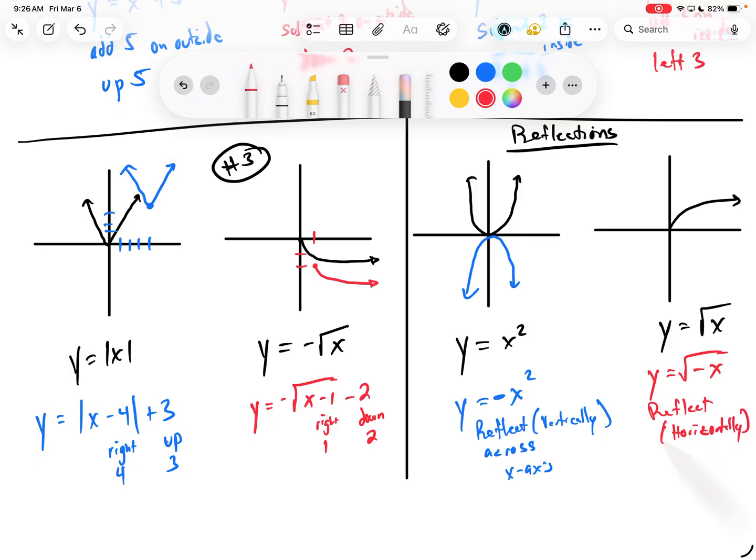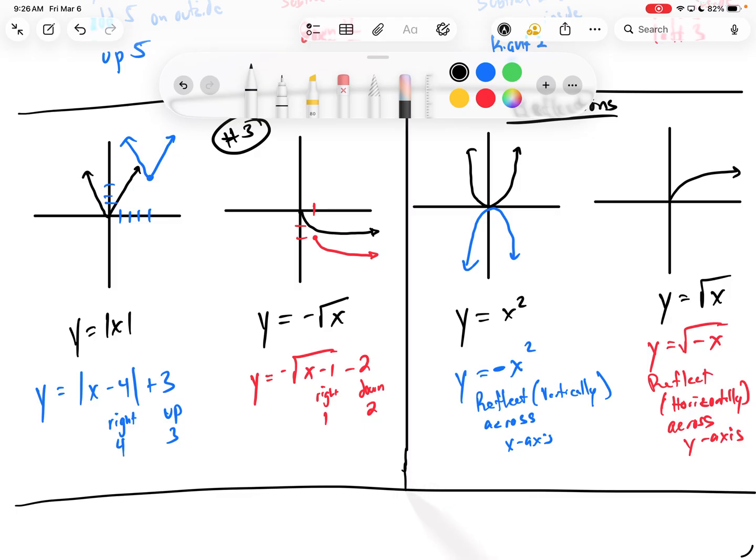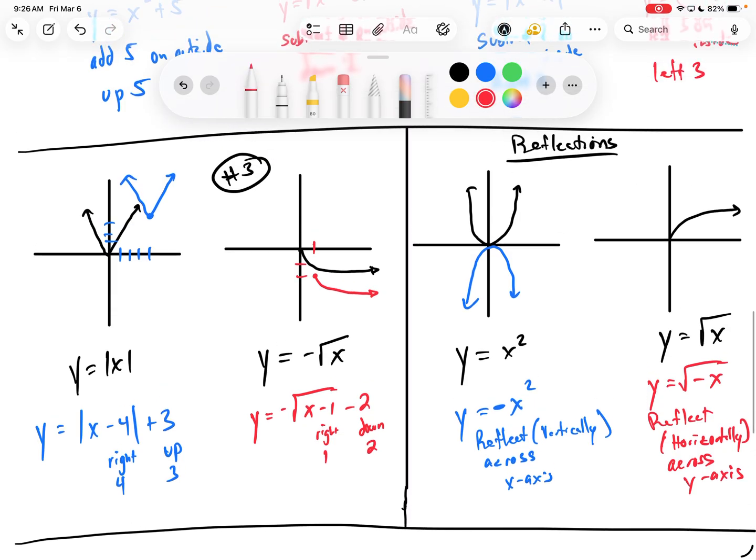So I'm flipping it left and right. So what they say is across the y-axis. Okay, so I'm going to flip it left and right, so it's going to look like this. So again, a negative on the inside flips it left and right. A negative on the outside flips it up and down.